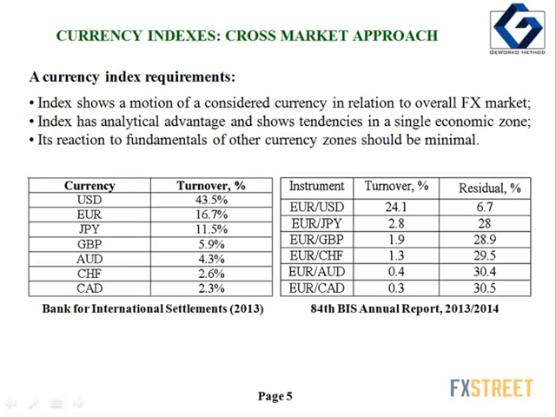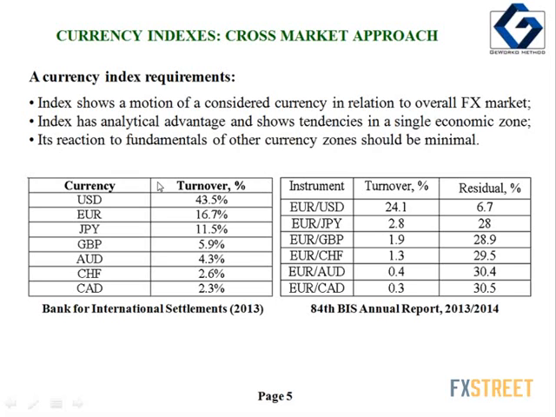It clearly shows tendencies in a single economic zone, Eurozone for the Euro index, for example. The principal role of a currency index is its objectivity. Its reaction to fundamentals of other currency zones should be minimal. According to the data of the Bank for International Settlements, the monthly turnover of central banks has shown 7 currency leaders. You can see them right there.